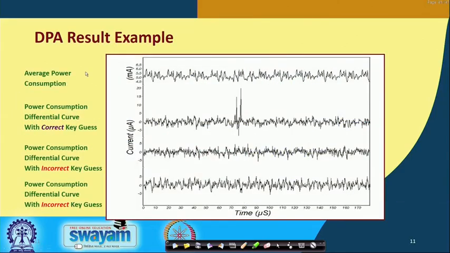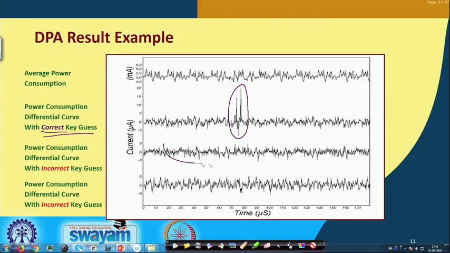And in this DPA curve, as I said, in some of the curves you can distinctly see some peaks like here, which means here the correct key guess you have done. So, these waveforms are being shown, this one is for a correct key guess and this for an incorrect key guess. So, if the key guess is correct, then you will be getting a peak like this. If it is not correct, then you will not be getting any peak, the waveform will be something like this.